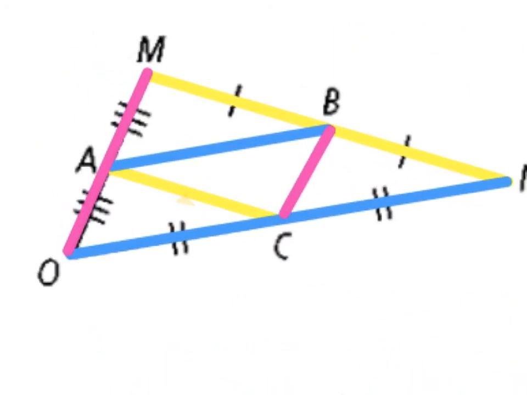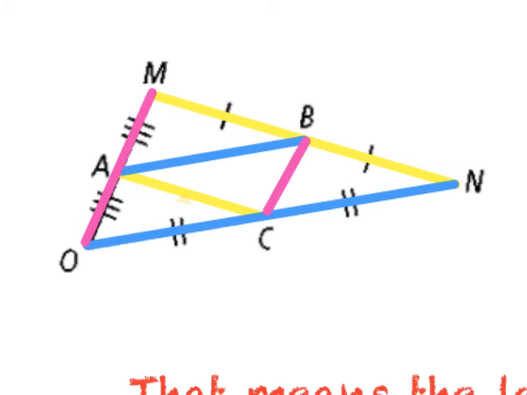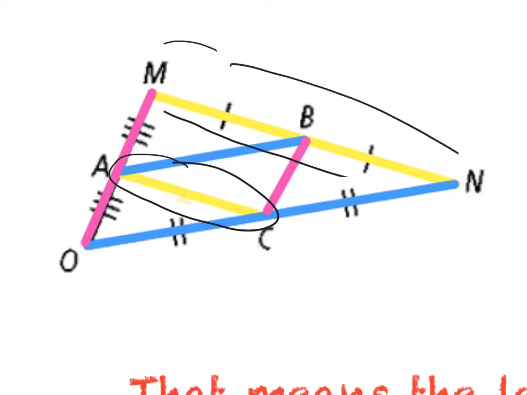Okay, so notice how we have this midsegment AC right here, and it is associated with this side of the triangle MN. So this side of the triangle MN has its length, and AC is going to be half of the measure of MN.